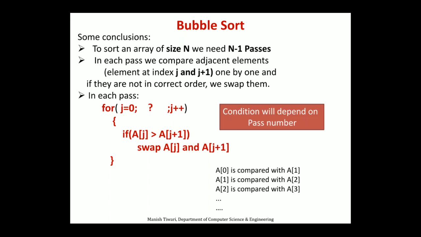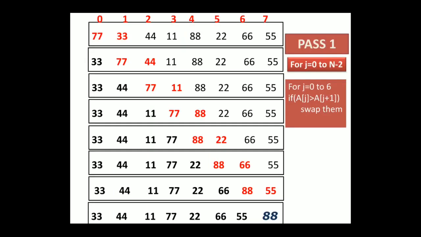So it depends on which pass we are in. In pass 1 the last comparison is a6 and a7, so the loop of j will start from 0 and go up to 6.